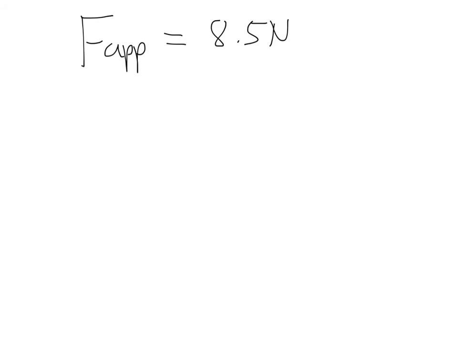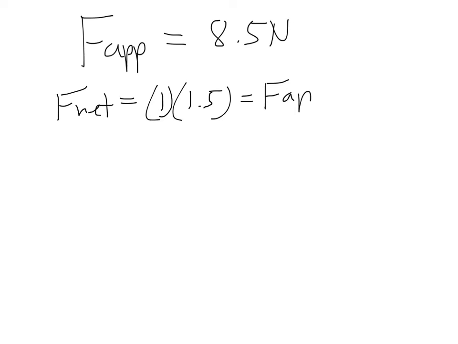What's cool here is we can actually check our work and make sure that we did the problem correctly. Let's consider the Cheerios box now. The net force on the Cheerios box is equal to the mass of the Cheerios box, 1 kilogram, multiplied by 1.5 meters per second squared. Remember, both boxes have the exact same acceleration. That's equal to the force applied minus the friction force.